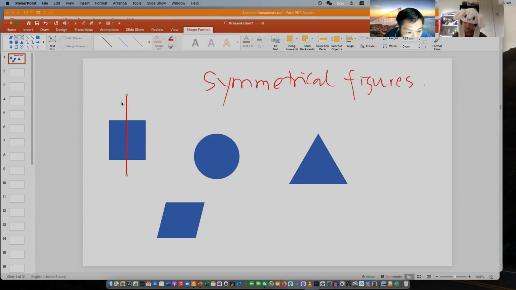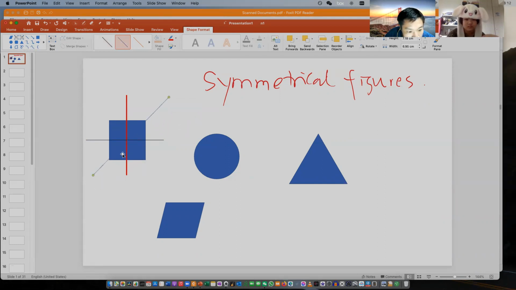So this is one of the lines of symmetry for this figure. And then the other lines of symmetry, you can also get here.